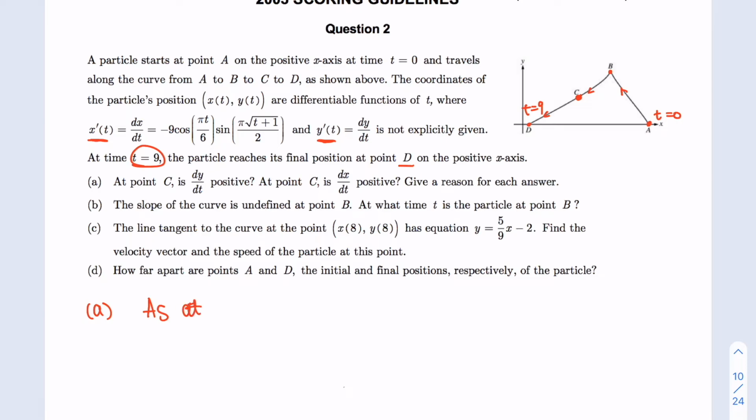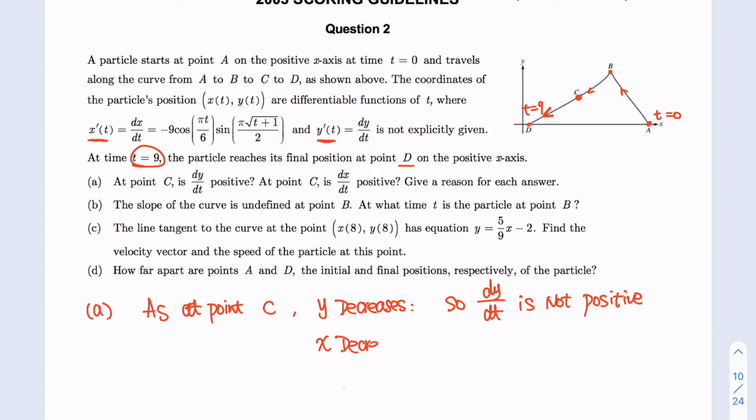At point C, y decreases, so dy over dt is not positive. Same reason, because C is going to D, x also decreases. So dx over dt is not positive.